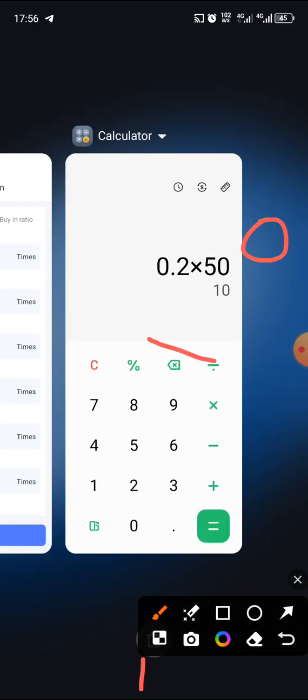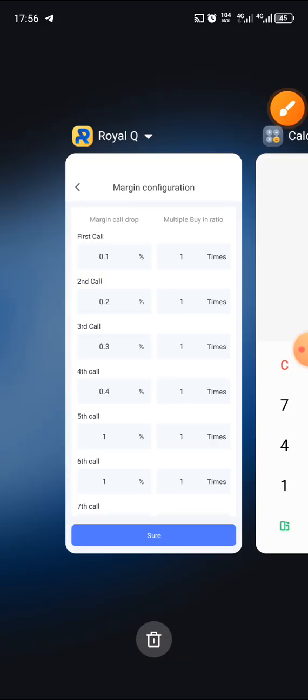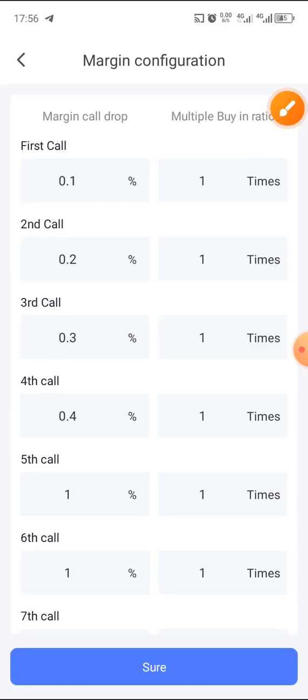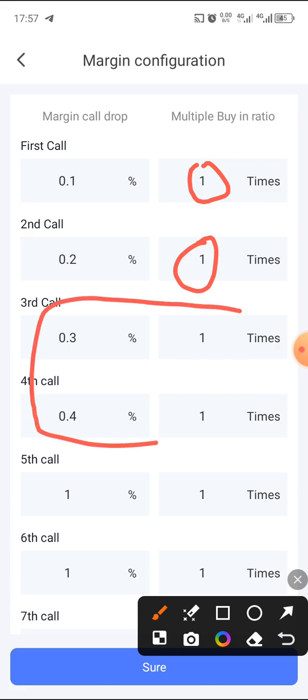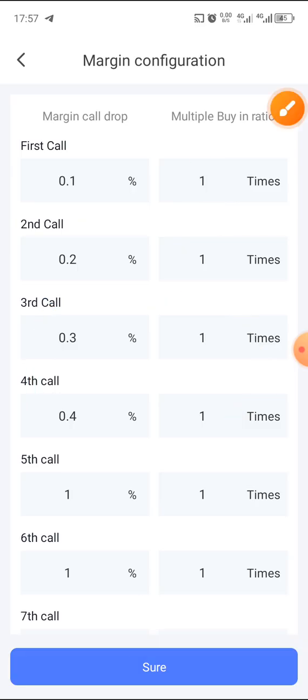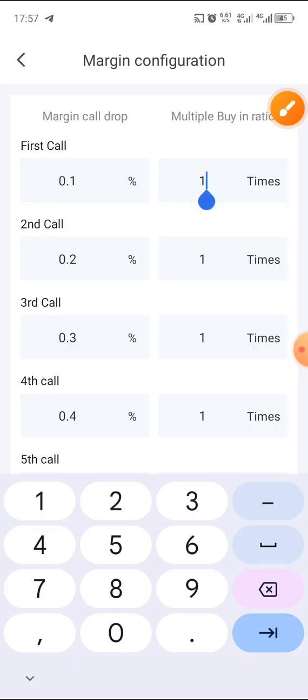So you are going to come here and change. We are going to change this one and this one, because the third and the fourth margin call also have different settings. So come on margin call number 1 and put 0.2. Even on margin call number 2, put 0.2.